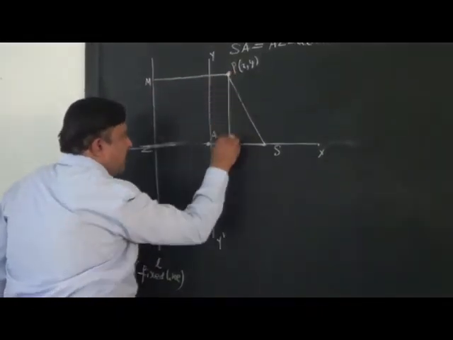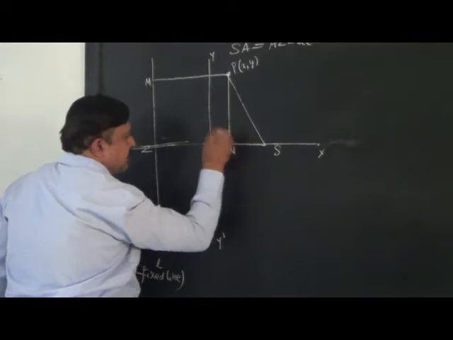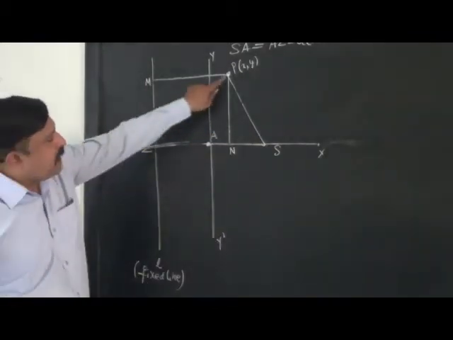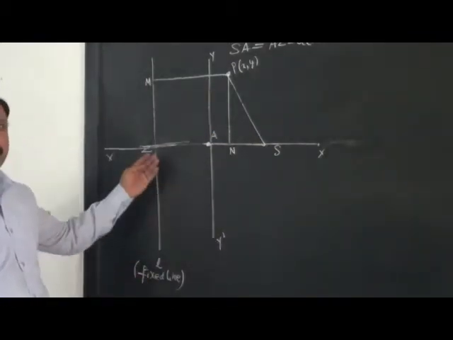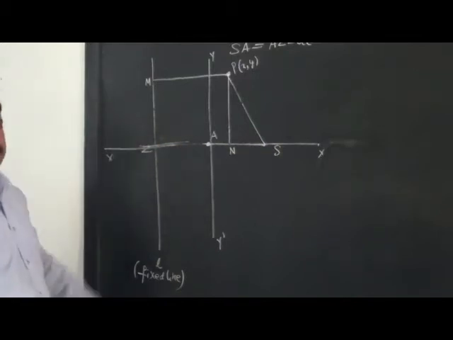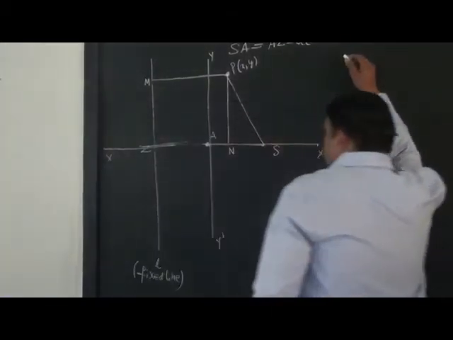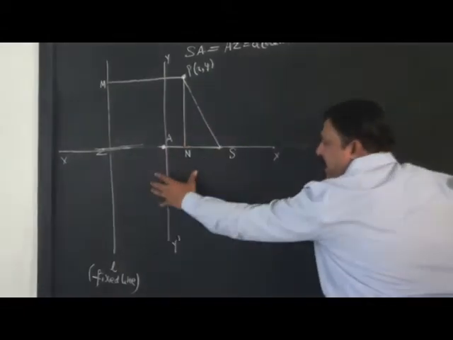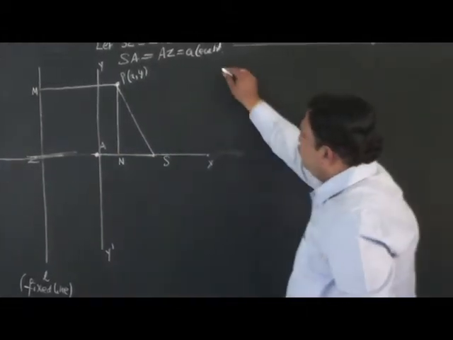You also draw one more perpendicular to the x-axis, that is PN. PN is drawn perpendicular to the x-axis.